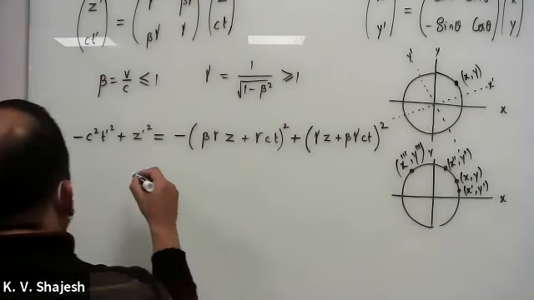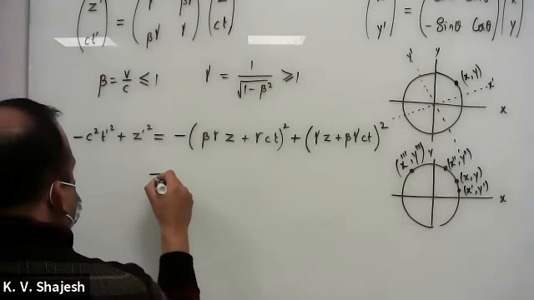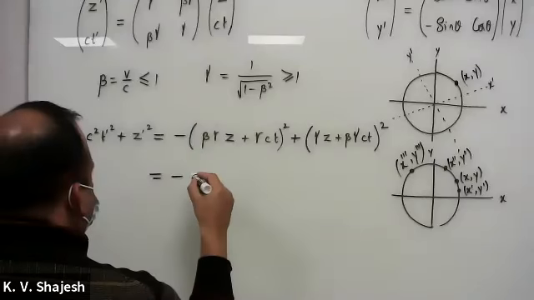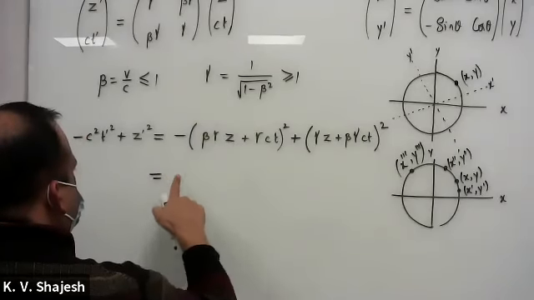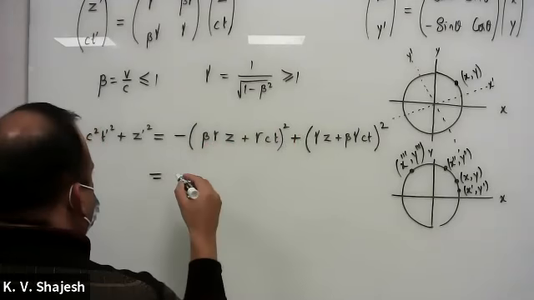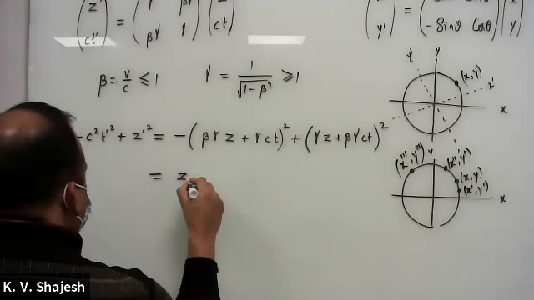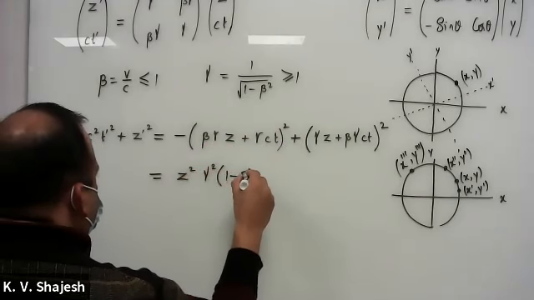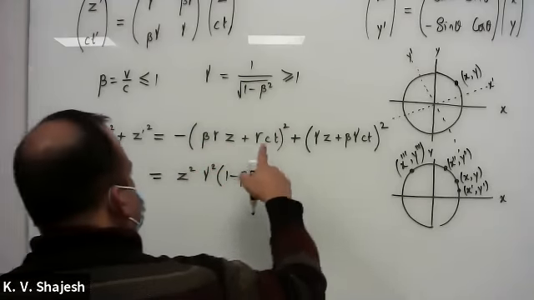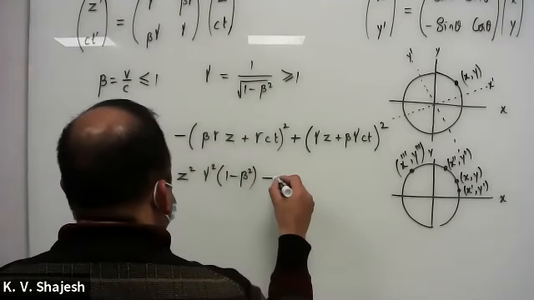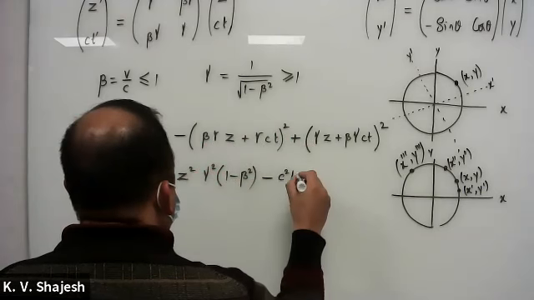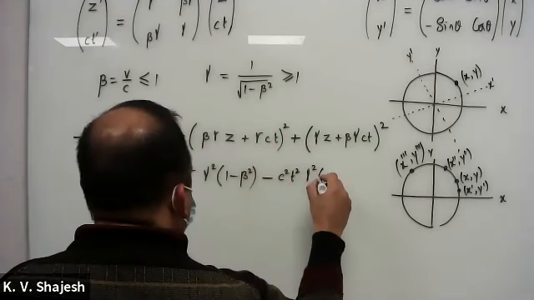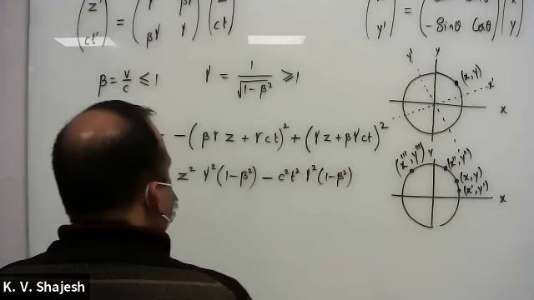Which is equal to, collect this all together. So this is minus beta squared gamma squared plus gamma squared. So z squared comes with gamma squared, and then there is 1 minus beta squared. And what about ct squared? Minus c squared t squared comes again with gamma squared times 1 minus beta squared.